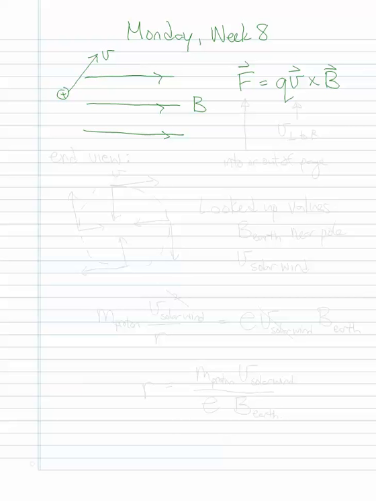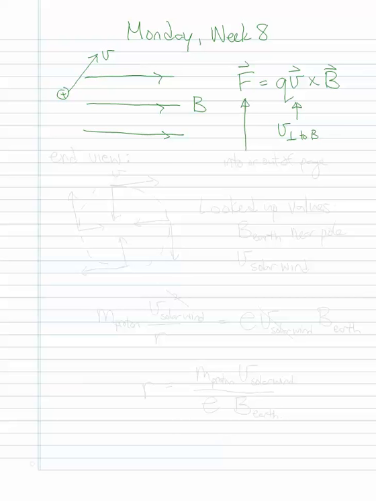And so remember, cross product means it pulls out the component of one vector that's perpendicular to the other. So what you get here is just the v component that's perpendicular to B, and the direction of this force is perpendicular to all three.